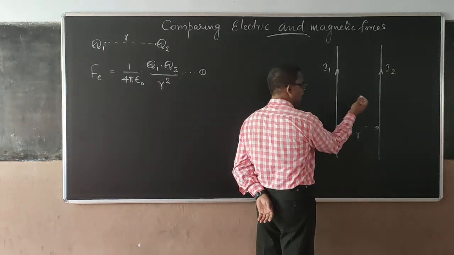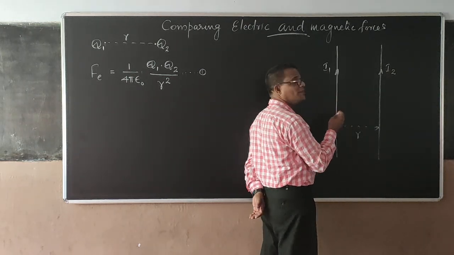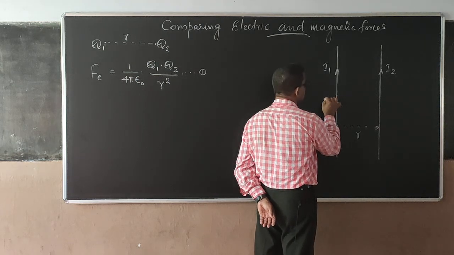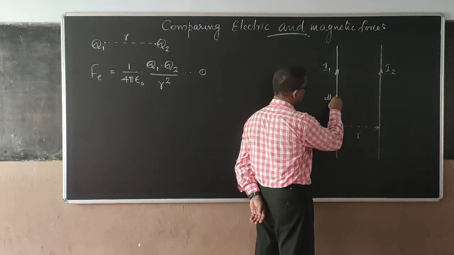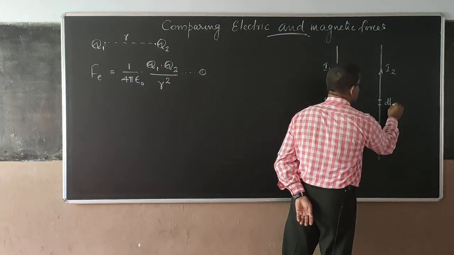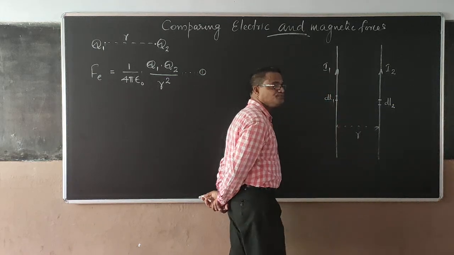I take that attraction force as the magnetic force between them, and I consider a very small length element dl1 here, and here also a length element dl2.